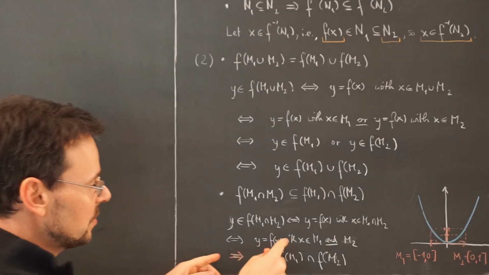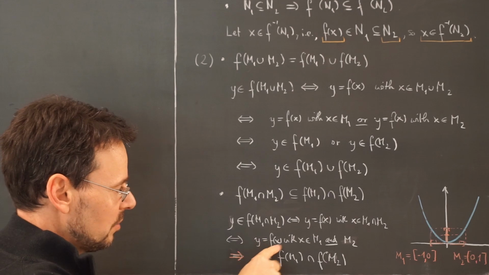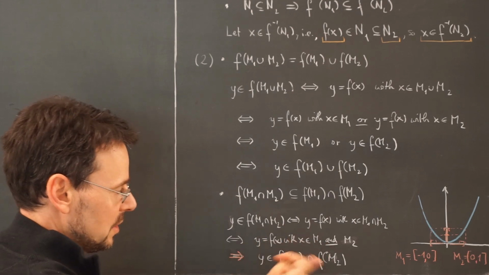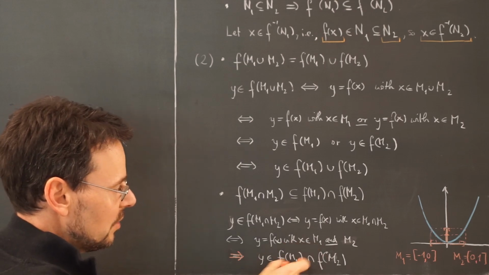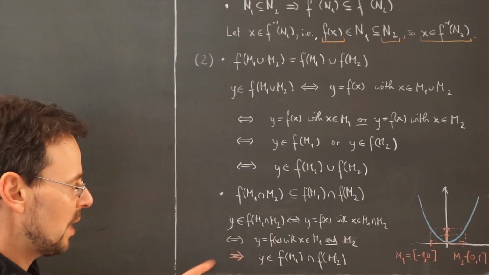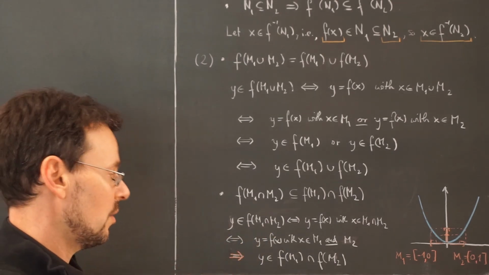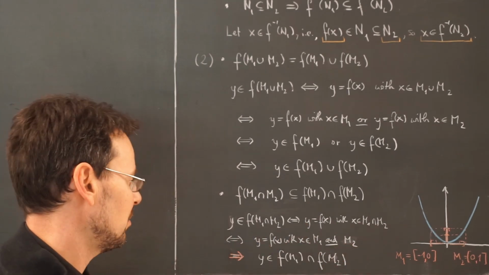This is the problem. So this, of course, is true if it can be written in this way with a single element x belonging to both sets, then it is in here as well as in here, so it's in the intersection. But there's no going back if f is not injective, as can be seen here.